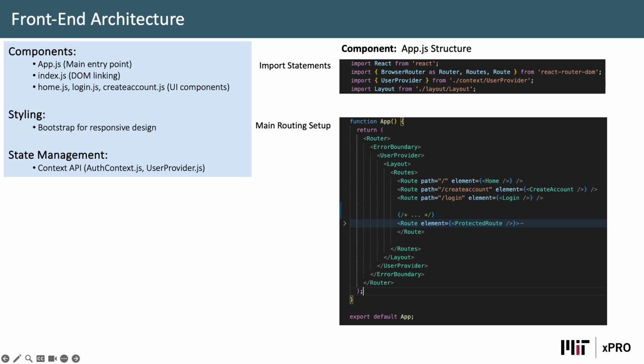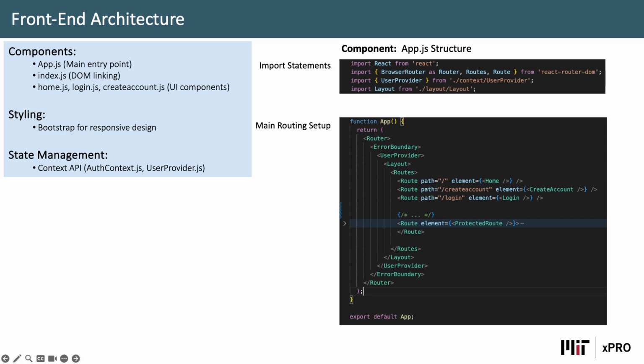App.js serves as the main entry point, structuring the routing and layout, while index.js links the application to the DOM. Home.js provides a welcoming interface for users, guiding them to key features. Login.js handles authentication, incorporating validation to ensure data integrity. CreateAccount.js facilitates new user registration with robust form validation and data handling.